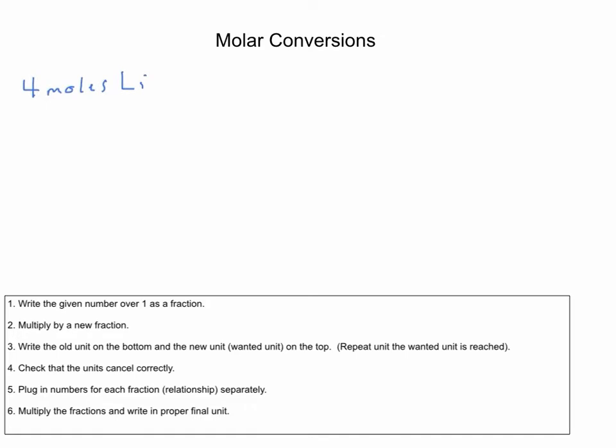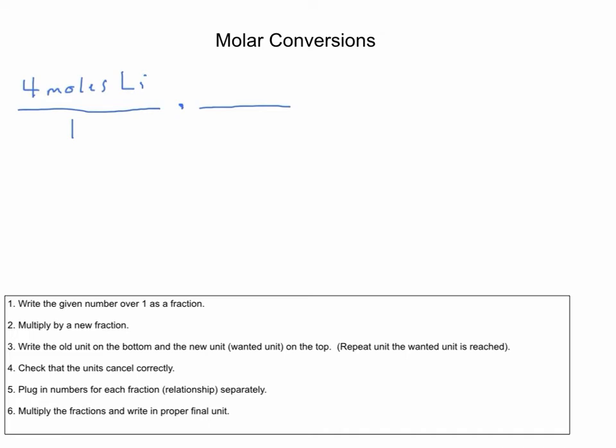So step number 1, write the given number over 1 as a fraction. So we have 4 moles of lithium, and I'm going to put that over the number 1 as a fraction. Step 2, multiply by a new fraction, with the old unit on the bottom and the new or wanted unit on top.